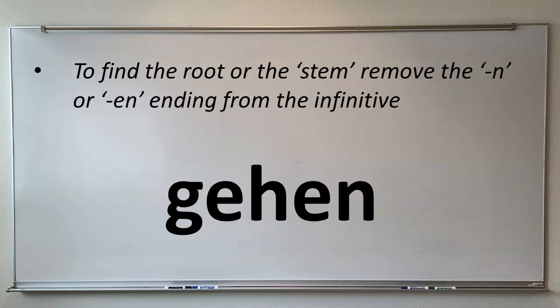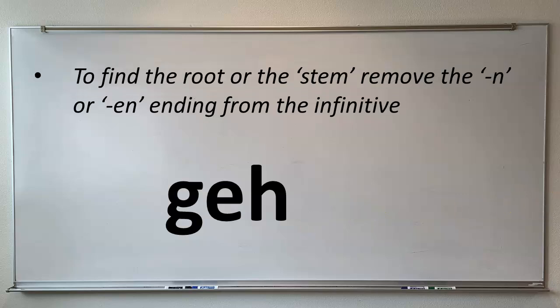So remember, the important thing that you need to learn about conjugating verbs is to find the root or the stem. To find that, you remove the N or the EN from the infinitive. So we have an EN here, so we're going to remove that, and we have the root, or the stem. Now this is a regular verb, so it's not a stem changing verb.